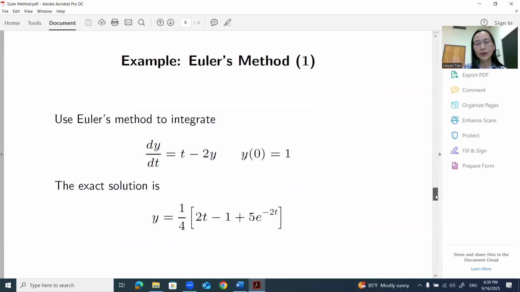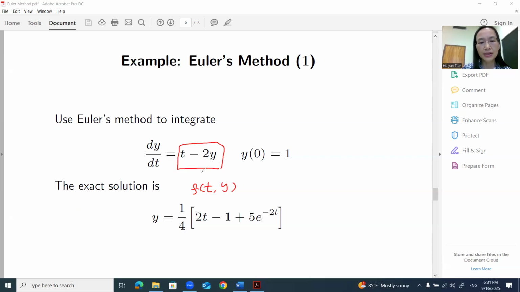And this is a concrete initial value problem. The initial t, what we call t0, is 0. The y0 is 1. So that's the initial data. And the right-hand side function, the function f, is dependent on t and y. It is the function t minus 2y.